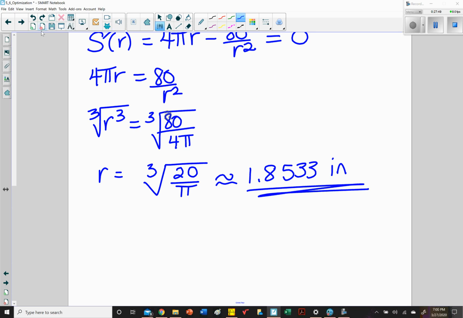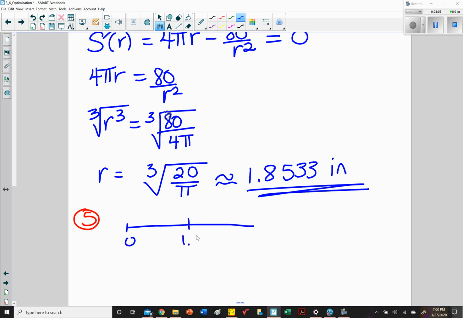Now, remember how I said that we don't have to do the sign chart because it's always going to come out, but I'll just show you anyway.